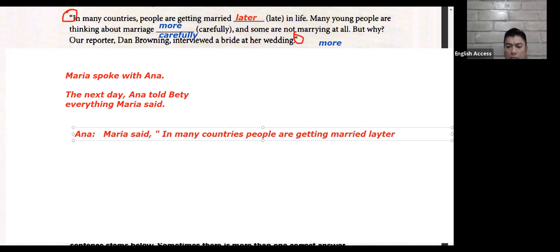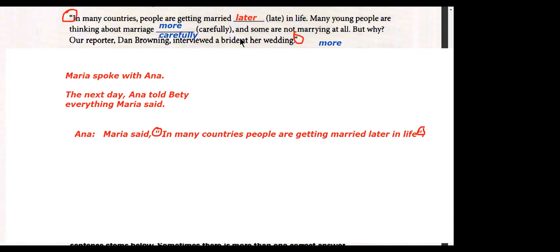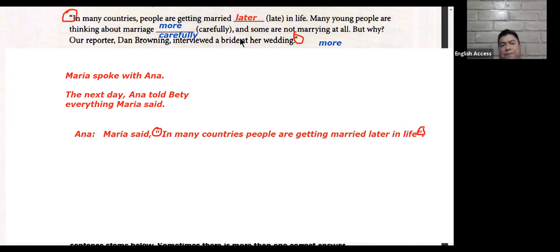Quotation mark closes and your comment closes. So we have to pay attention to these quotation marks because that means that you repeat everything exactly the same. Does that make sense? Quotation marks, you repeat everything 100% the same.